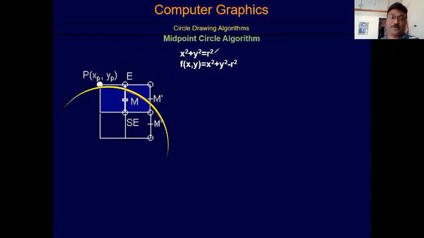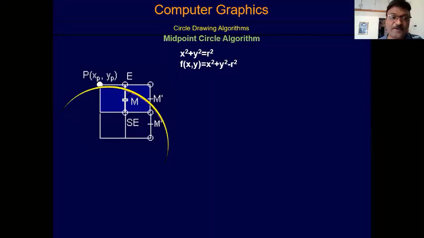Now proceed. From this you have to calculate the decision parameter, that is, the decision parameter for the midpoint only. From this midpoint it is decided which point you have to select. Now let's see how you can find the decision parameter from this equation. f of x, y is equal to x square plus y square minus r square.